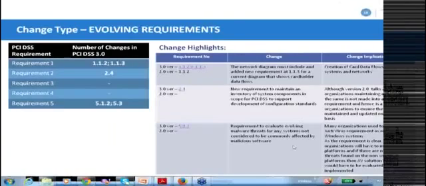Requirement 5.1.2, a requirement to evaluate evolving malware threats for any system not considered to be commonly affected by malicious software.